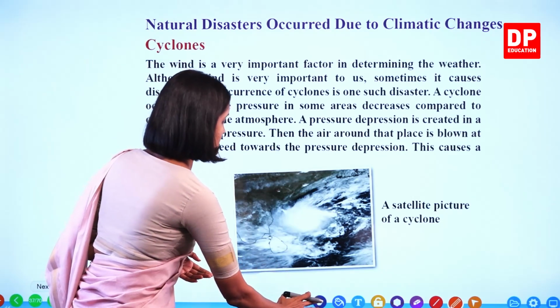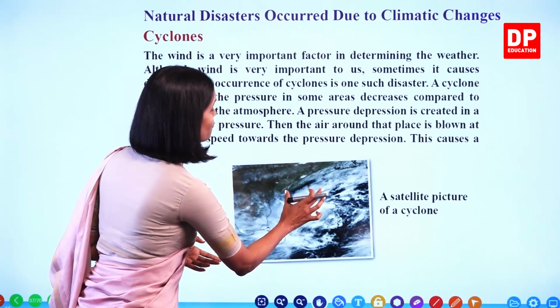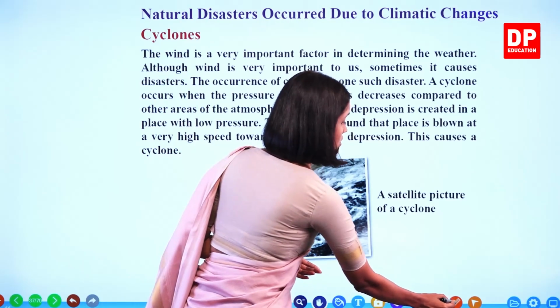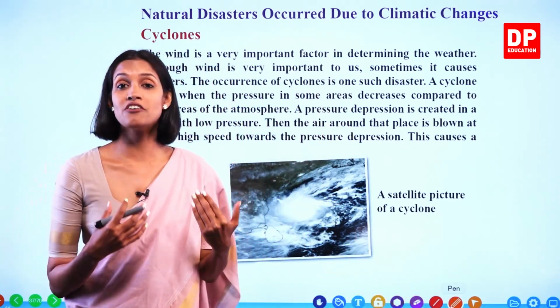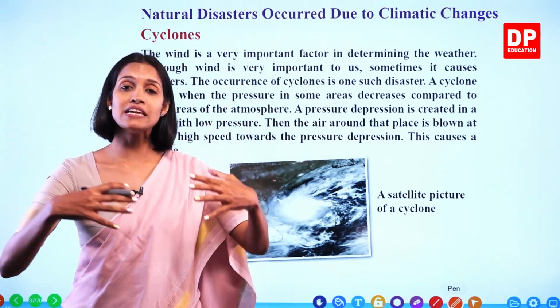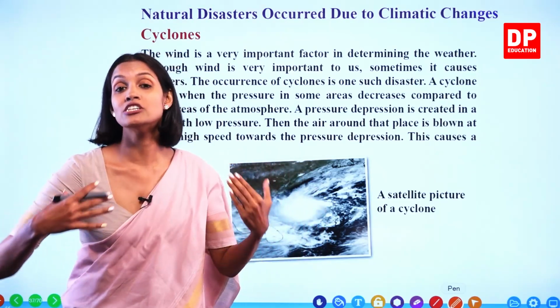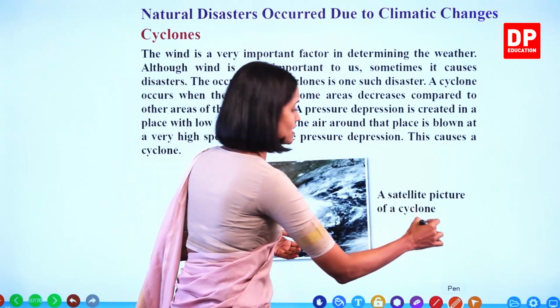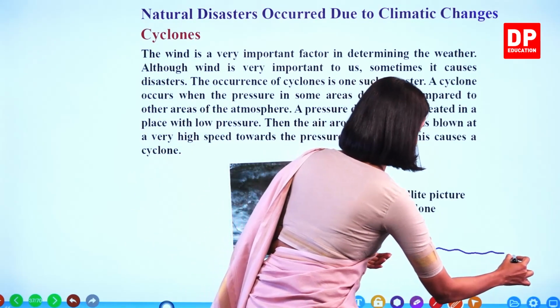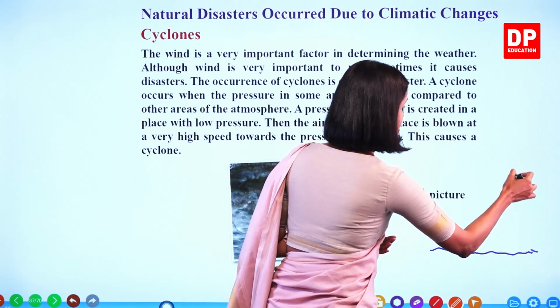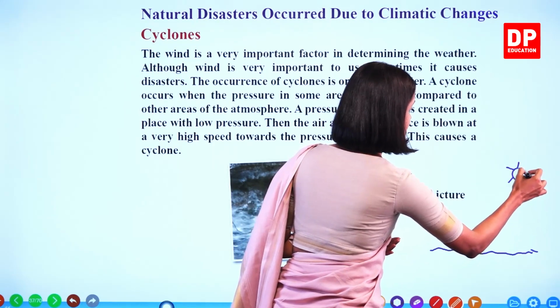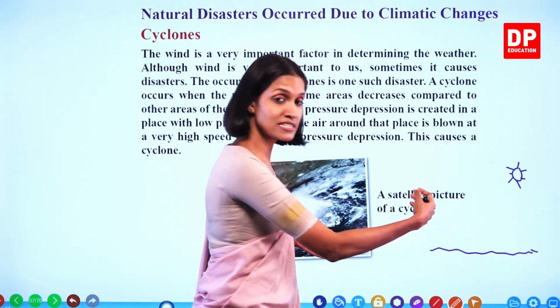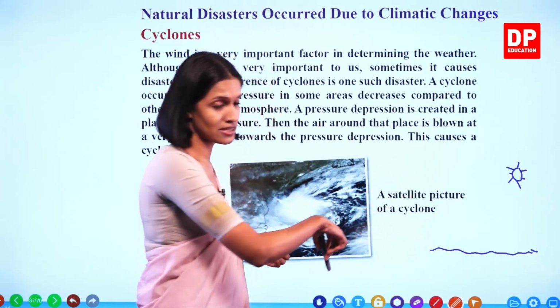Now, when you consider different areas of the earth, children, during the daytime, because of the sun's heat, different areas of the earth get heated up at different levels. Okay, let's say that if this is the earth, if this is the ground, because of sunlight, some areas get heated up faster than the other areas.